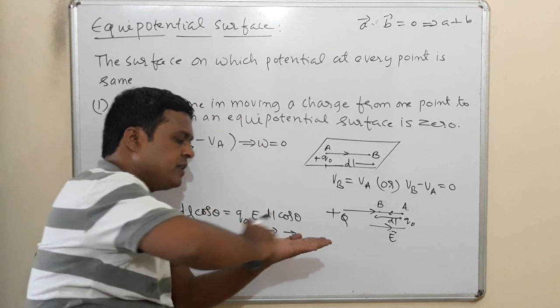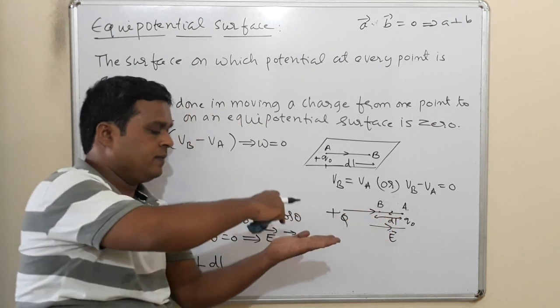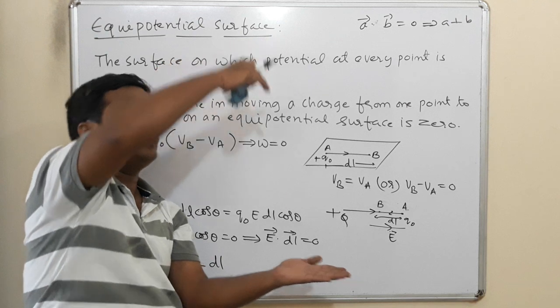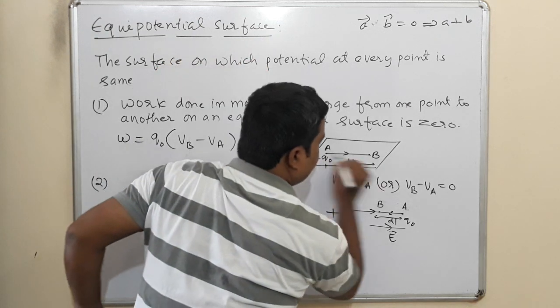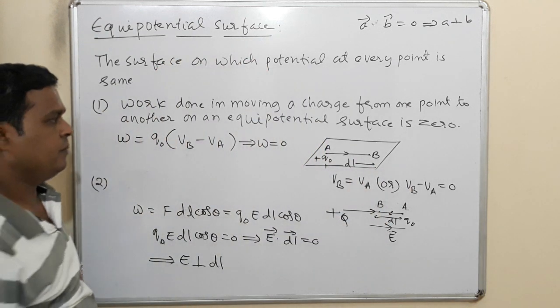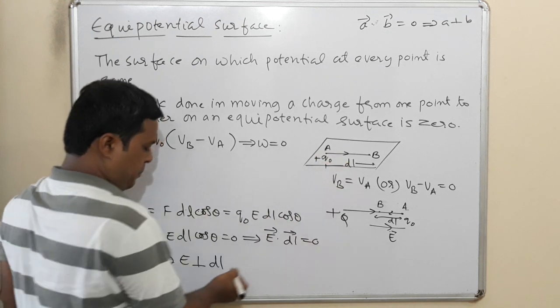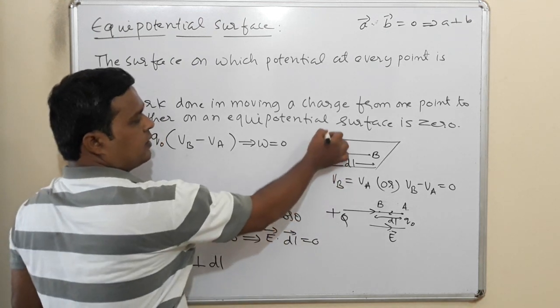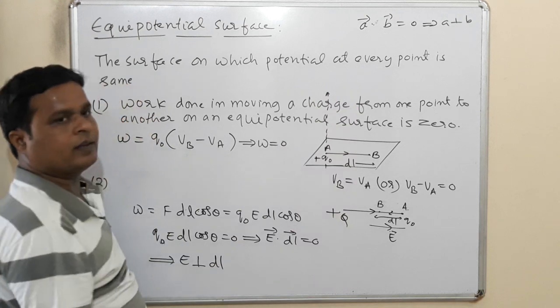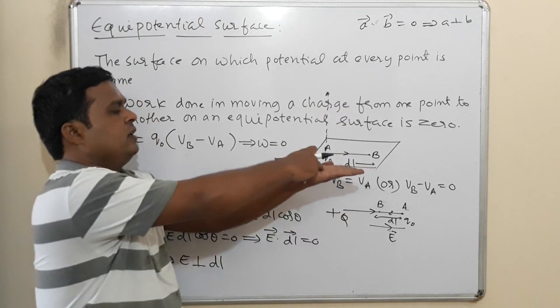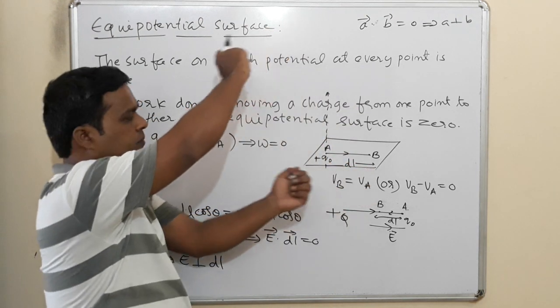That means if this is the equipotential surface, then the electric field will be like this.